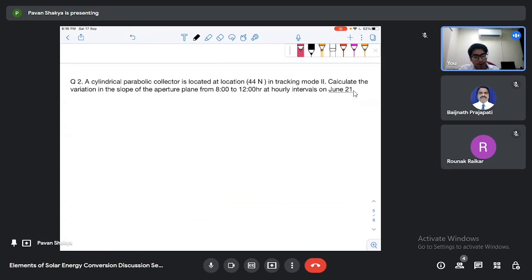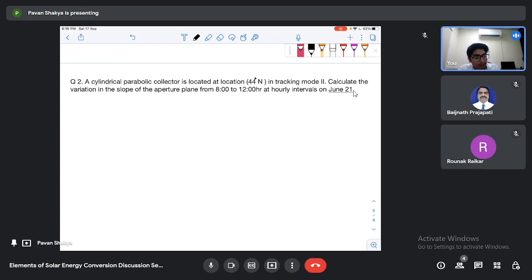In the second problem, it is given that a cylindrical parabolic collector is located at 44 degree north in tracking mode 2. Calculate the variation in the slope of the aperture plane from 8 hours to 12 hours at hourly intervals on 21st June.